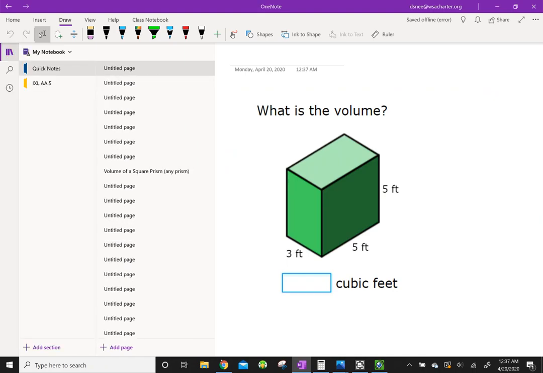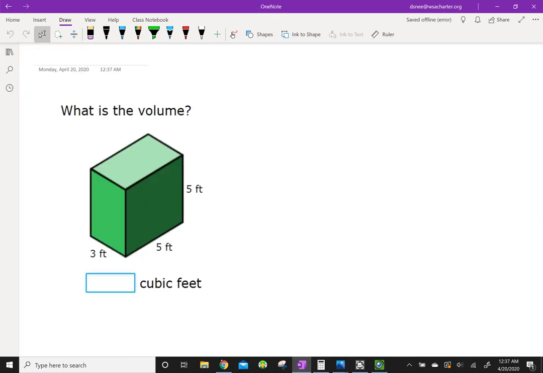Okay, to find the volume of this rectangular prism, volume equals length times width times height. So the volume is going to be equal to L times W times H. These are each feet.